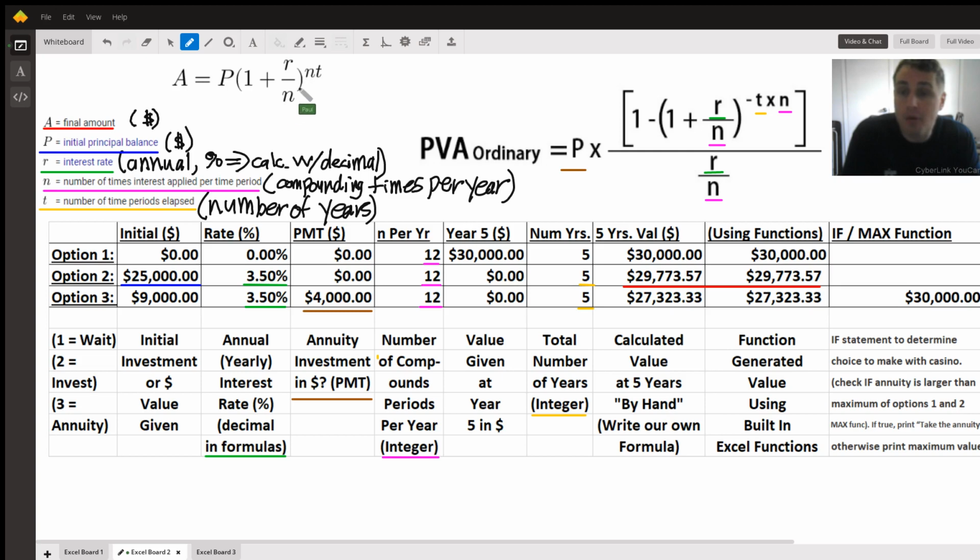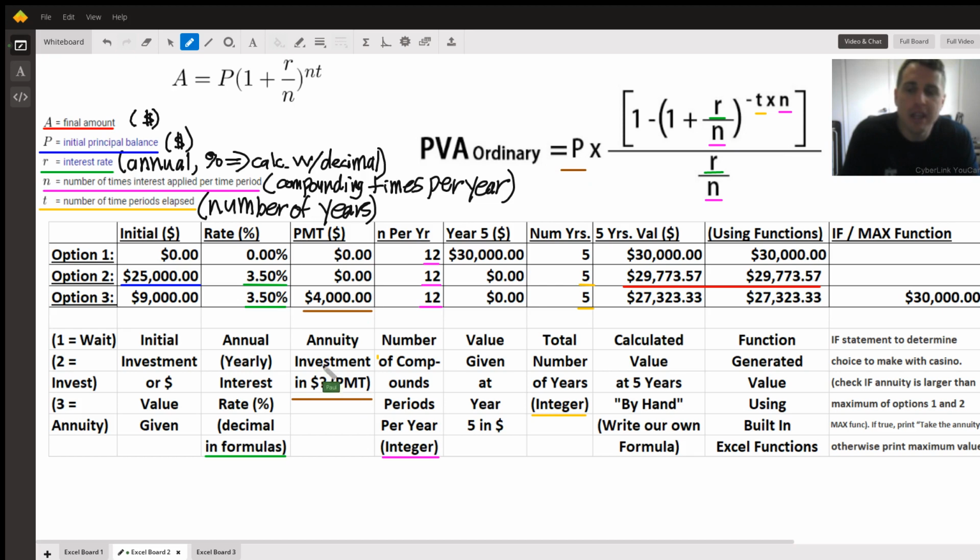N is the number of times we apply the interest per year. That's the number of compounding periods. So monthly is typically going to be 12 times per year. And then the number of time periods elapsed, that's 5 years. Now notice with the value of an annuity equation, the variables are the same, R, N, and T, except there's an additional value, and that's P, or sometimes called PMT, payment.